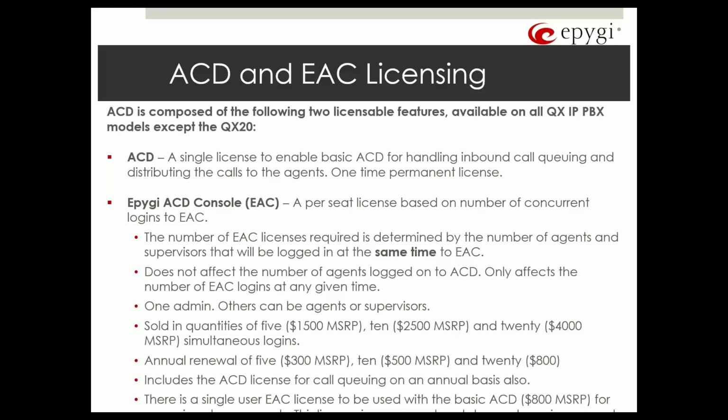And then you've got the EAC, which is a per seat license based on the number of concurrent logins to the EAC application. So for example, if you have 20 agents, but maybe only 10 of them are active at any given point in time, then you would need licensing for the 10 agents, not all 20.